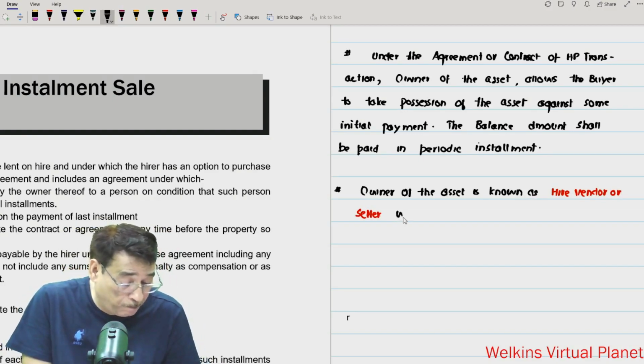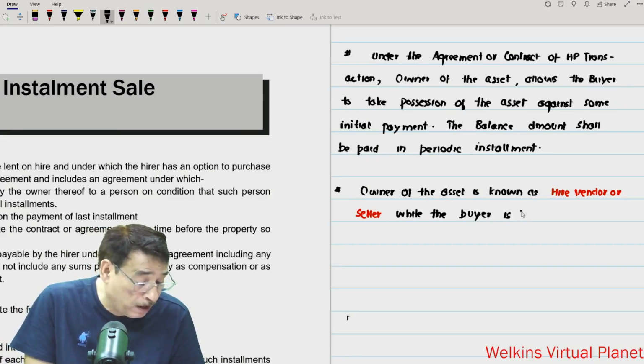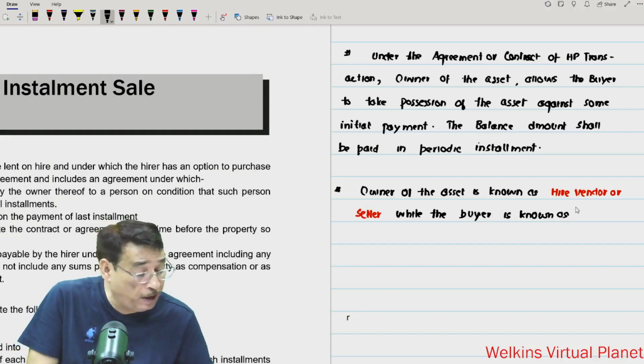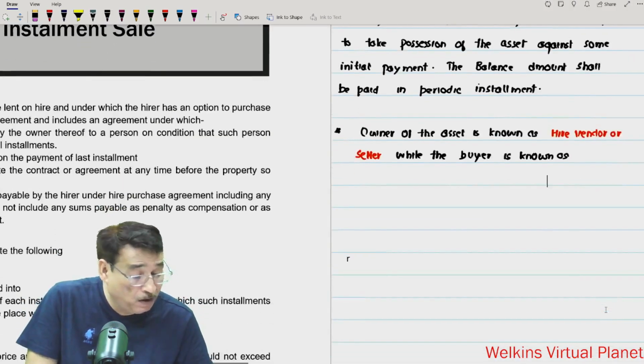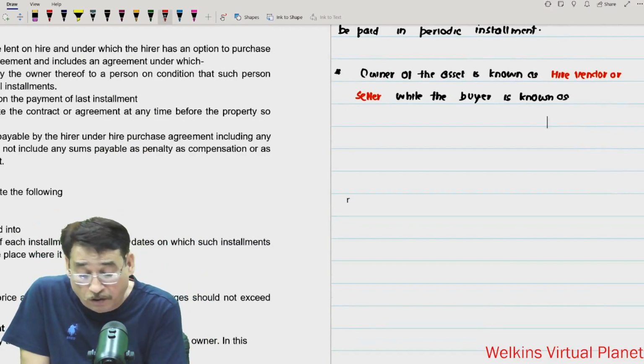While the buyer is known as what? If the owner is known as hire vendor, what will you call the buyer? Sir, hire purchaser. Very good.